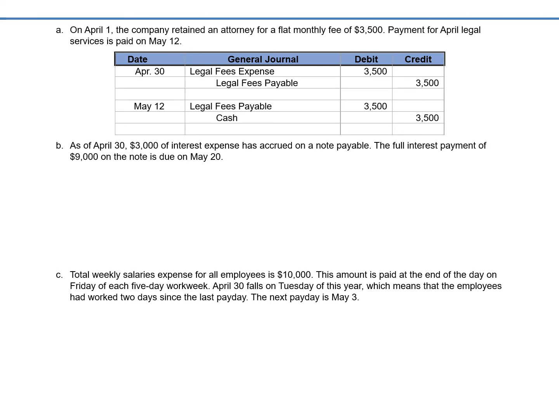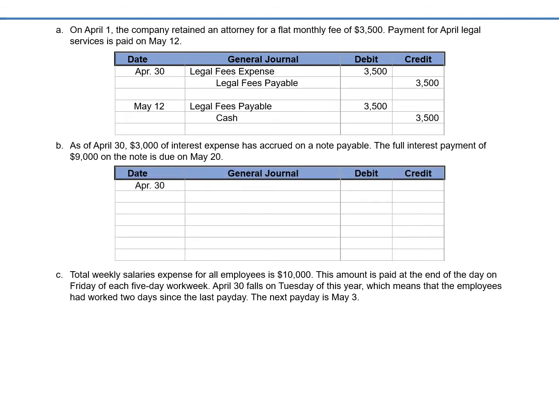All right. So in Part B, as of April 30th, the company has accrued interest expense of $3,000 on a note payable that they have. And they tell us that the full interest payment of $9,000 is going to be due on May 20th. And so before we close our books on April 30th, we need to accrue for that interest expense that's accrued through April 30th on our note payable.